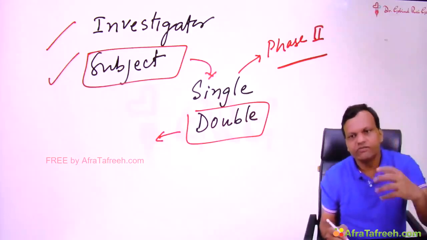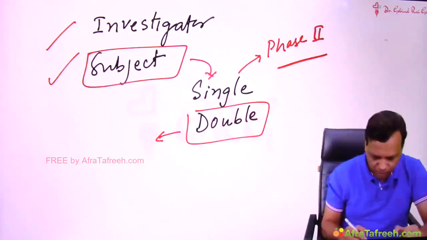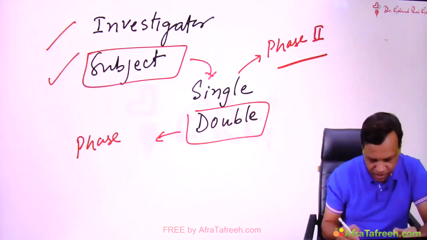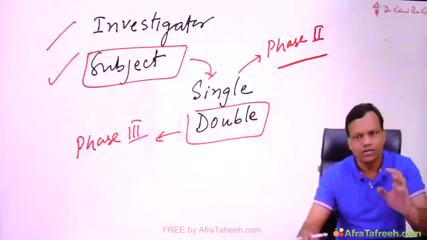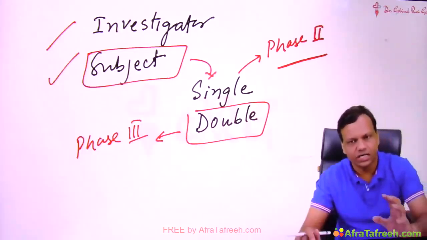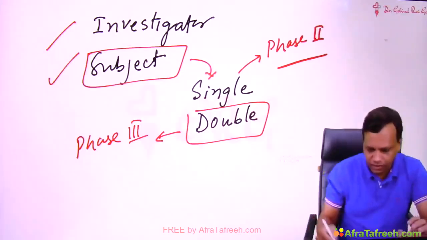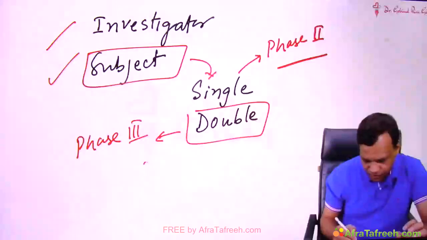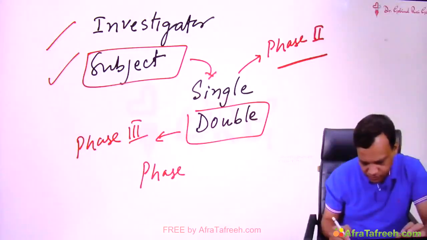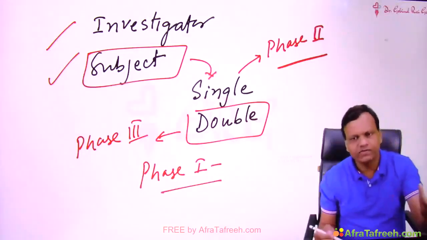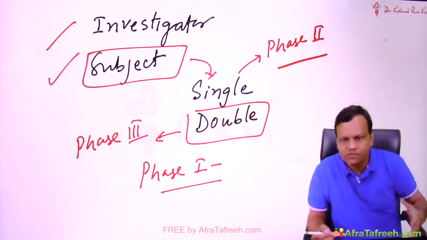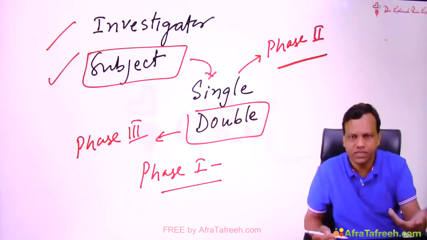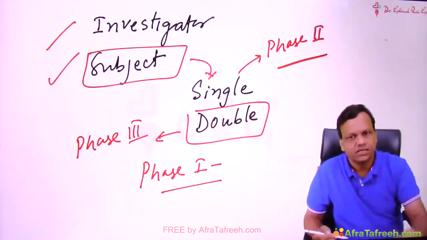They are done when we want to confirm the results. So double blind studies are done in phase 3. Phase 2 are single blind studies, phase 3 are double blind studies. And what about phase 1? Phase 1 is not blinded. We do not need to blind, because here we are not seeing the effect. We are just checking the toxicity.